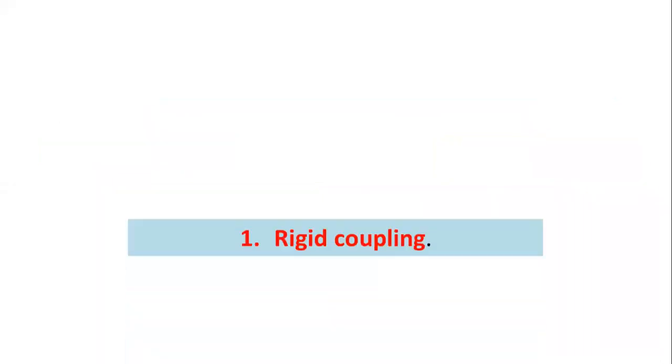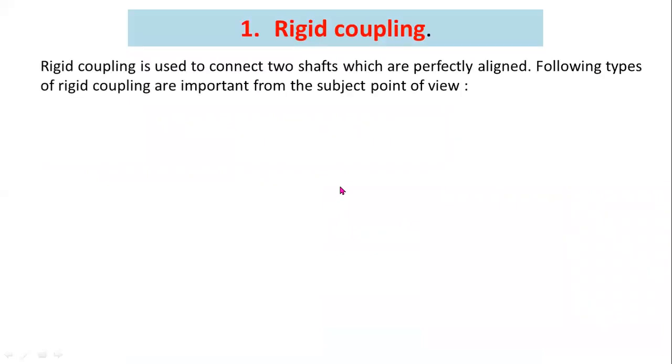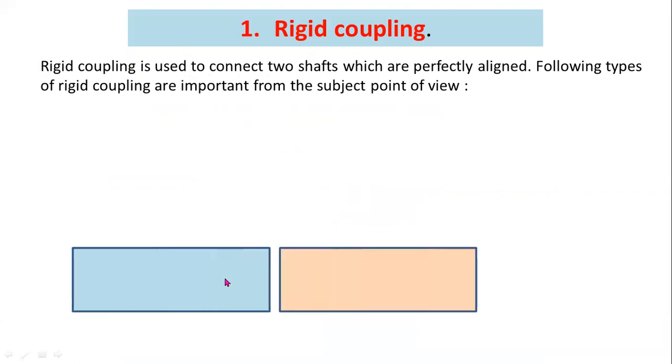Now, what is rigid? Rigid coupling is used to connect two shafts which are perfectly aligned. Here let's consider this one is the left side shaft, this one is the right side shaft.